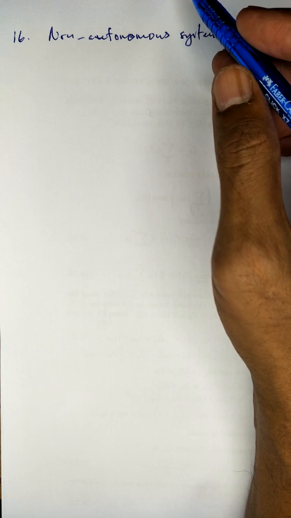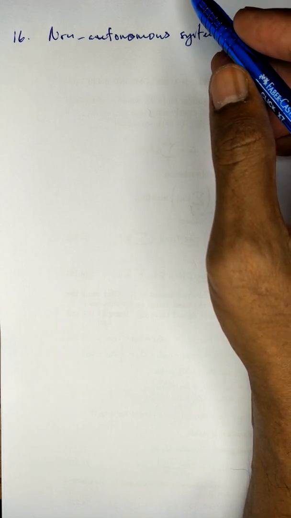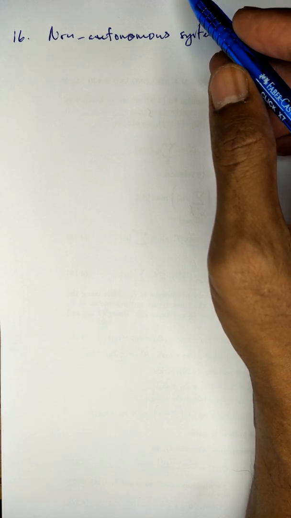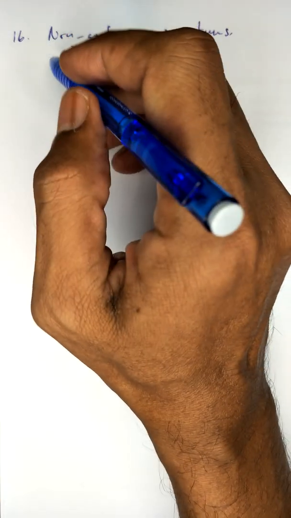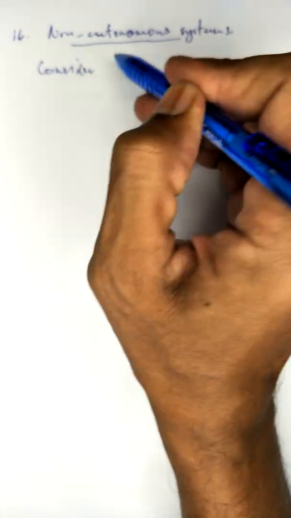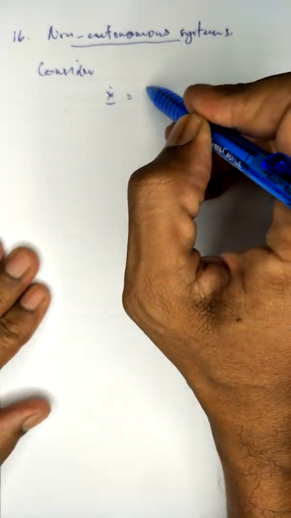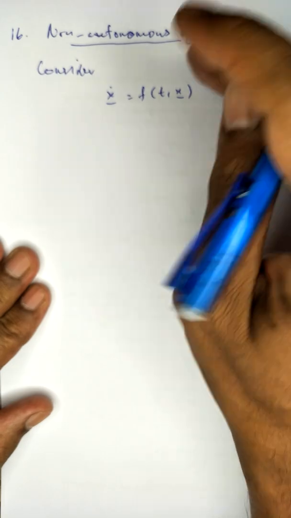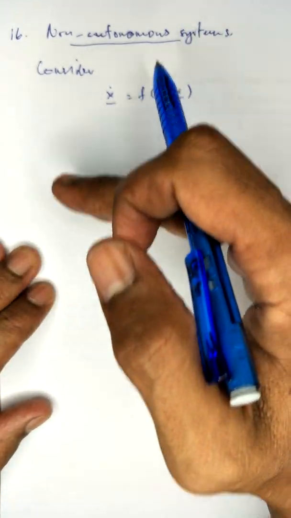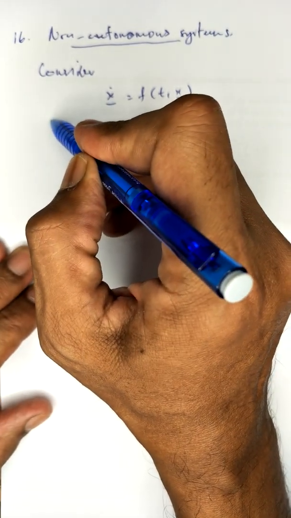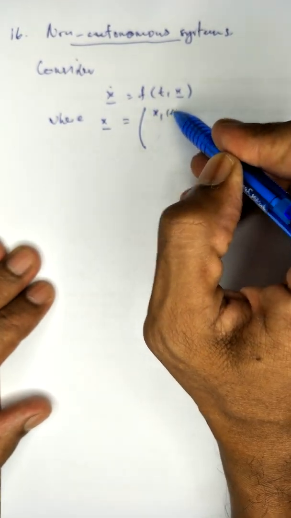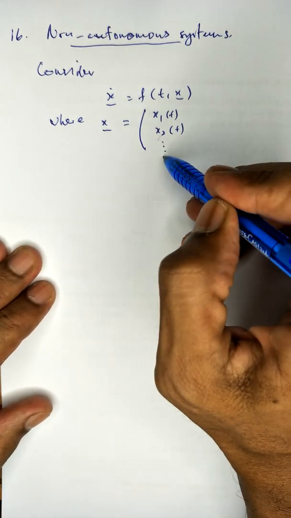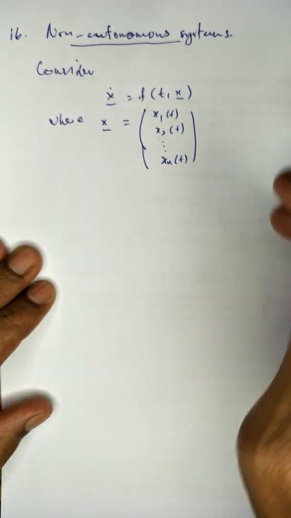For non-autonomous systems, we develop a few theorems, and some of them we can relate to the autonomous system. So what does a non-autonomous system mean? In general, we consider the system x dot equal to f(t, x), where x is a vector x1(t), x2(t), and so on up to xn(t).